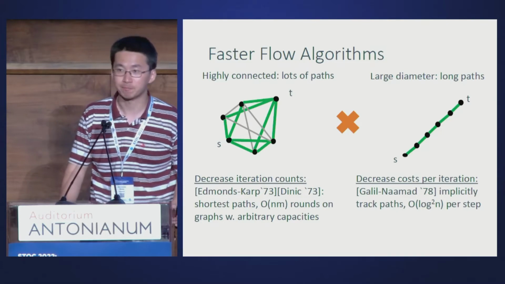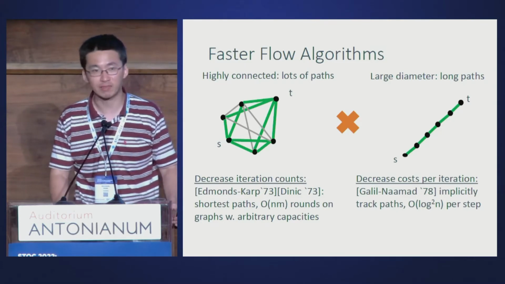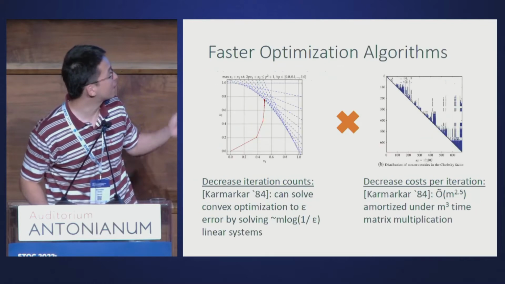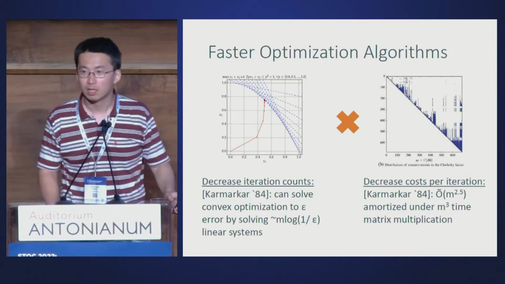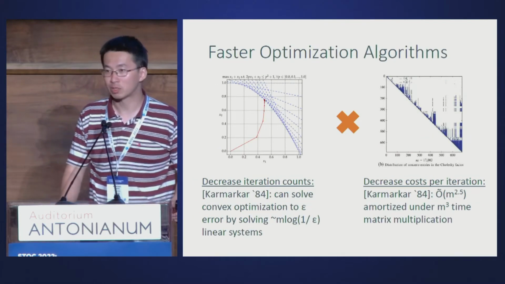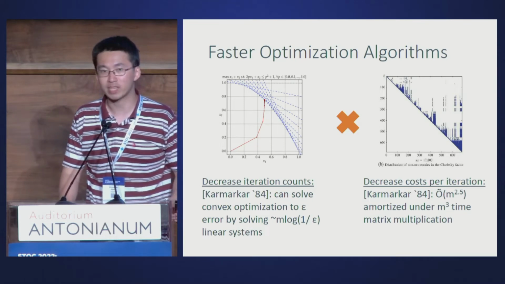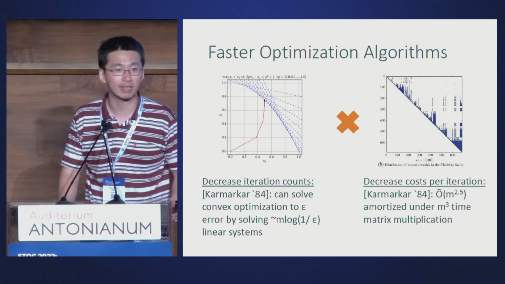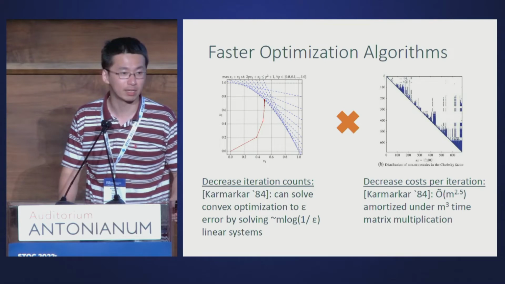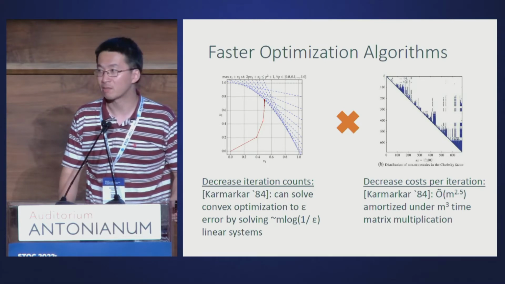except that a lot of the more recent developments are really through what's called optimization algorithms. The same kind of phenomenon: roughly at around the same time as the work on dynamic trees and link-cut trees was happening, there was also a lot of very exciting development in solving linear programs.